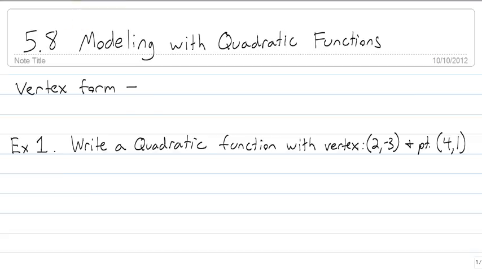So the first one is vertex form. You guys have seen vertex form. That's the form we get when we complete the square. We use this form when we are given a vertex, obviously, because if we are given a vertex we could throw it into vertex form, so when given a vertex and one other point.